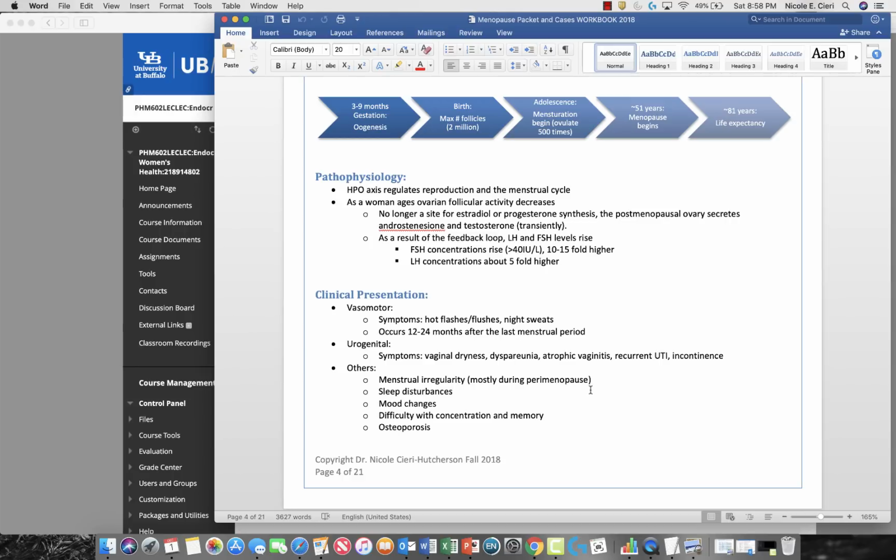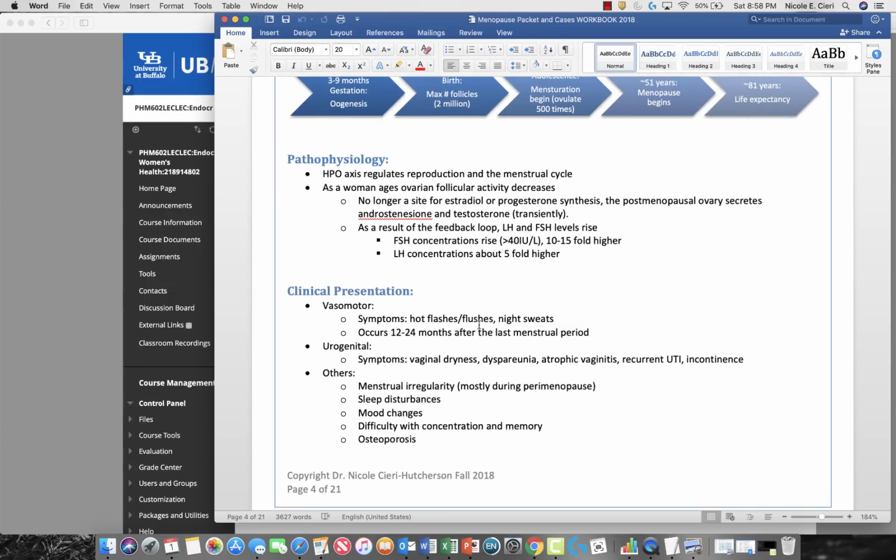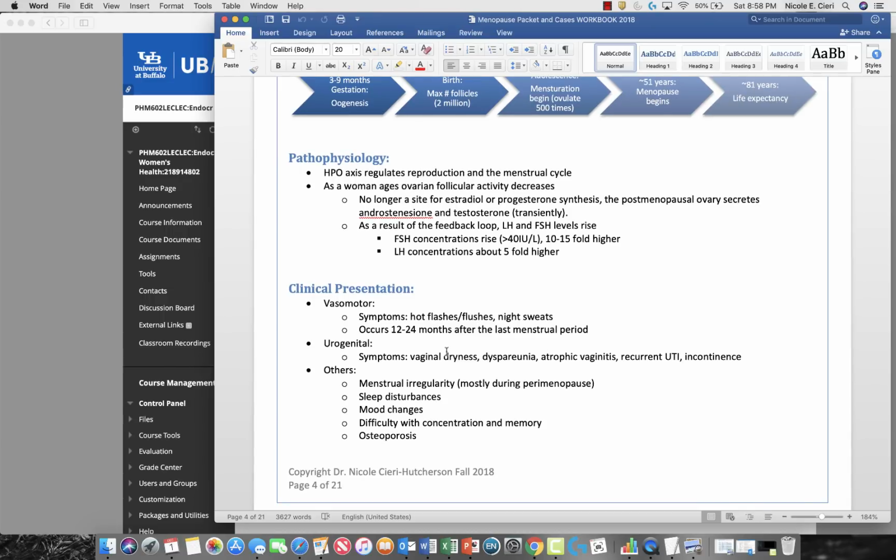Usually we classify symptoms as either vasomotor or urogenital symptoms. The vasomotor symptoms are hot flashes, sometimes characterized as hot flushes, or night sweats, and they can occur 12 to 24 months after the last menstrual period. So sometimes patients won't be presenting with those symptoms right away.